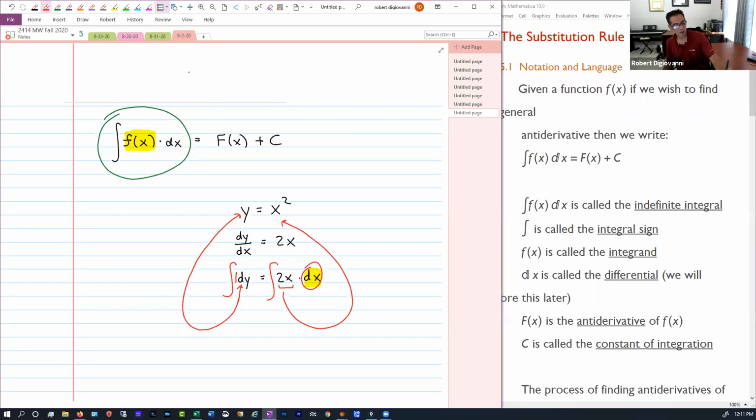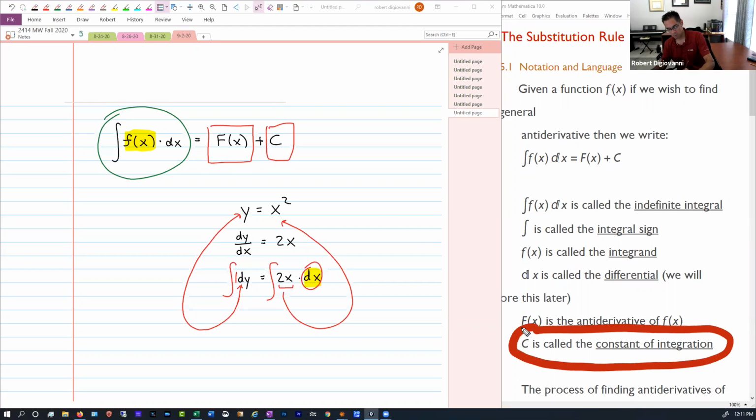Now, keep going here. This capital F of x is called the antiderivative, right? And then this c, we actually have a name for it now. It's called the constant of integration. I must really want that to be the constant of integration.